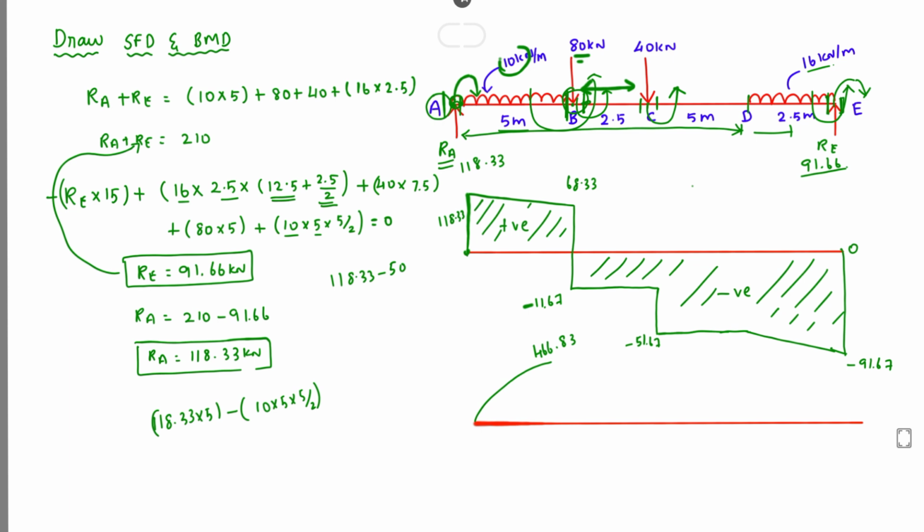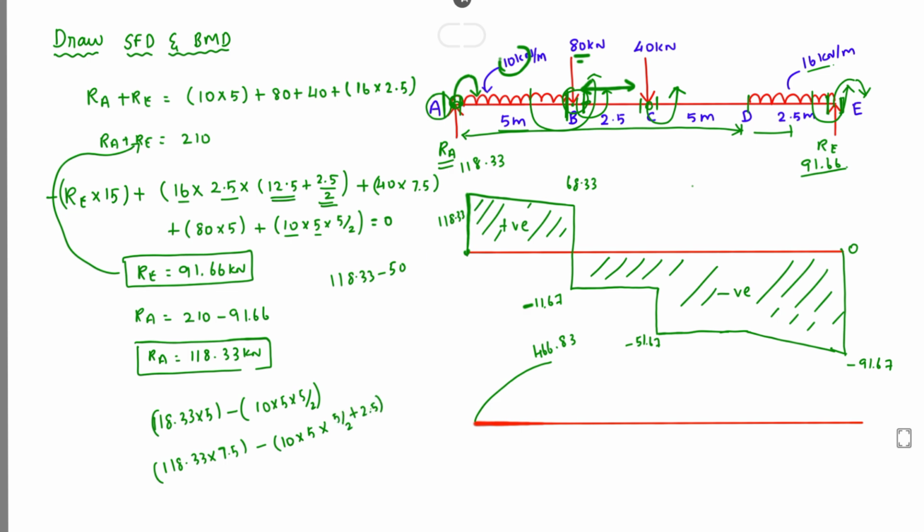Next thing is, at B there is no forces. Okay, next thing is at C. At C the moment will be 118.33 into the total distance, that is 7.5. This is a clockwise force. Again minus 10 into 5 into distance by 2, that is 5 by 2 plus 2.5.